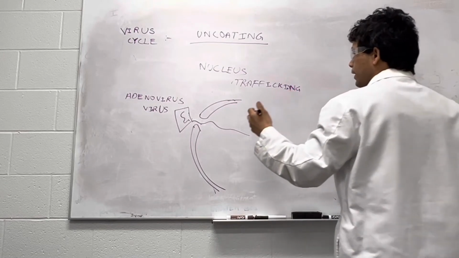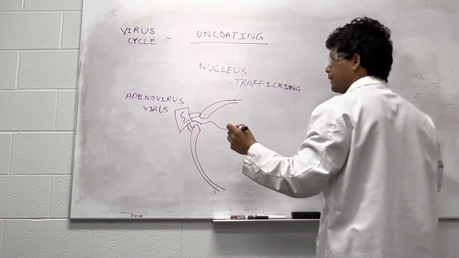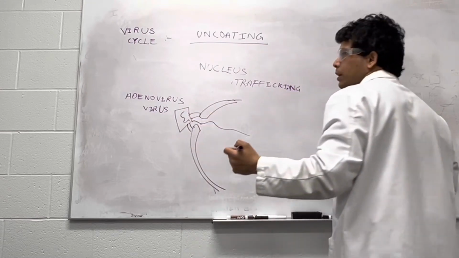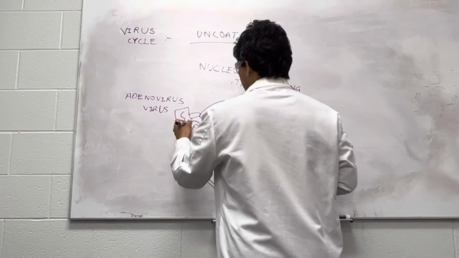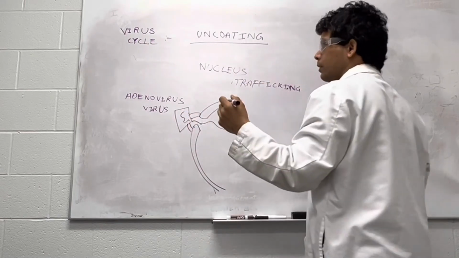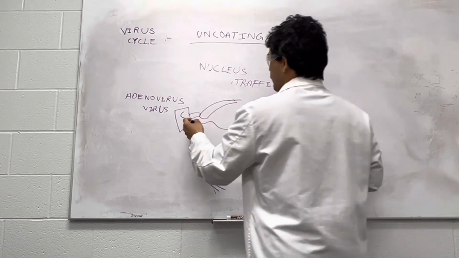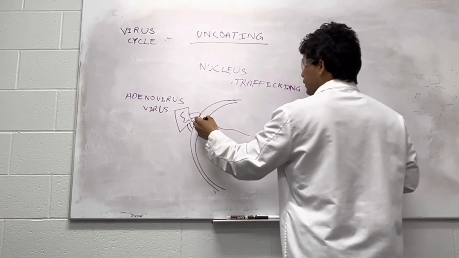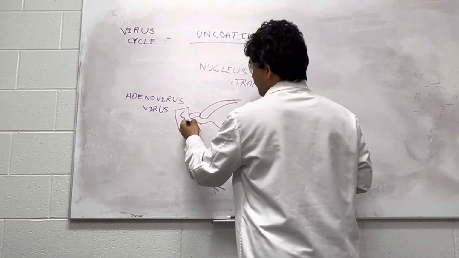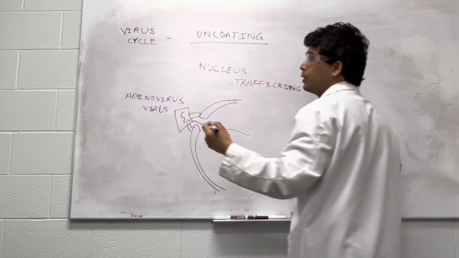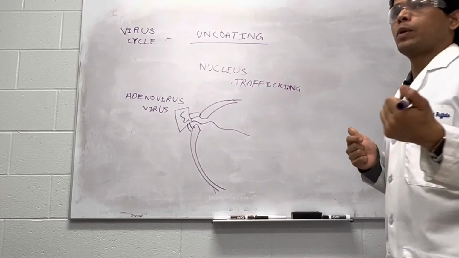In that case, it will dock with the nucleus membrane, and during this docking process, some misalignment or slight dislocation of the nucleocapsid occurs, and through this step it allows its genetic material to move inside the nucleus.